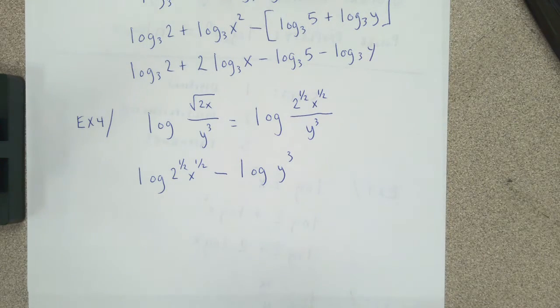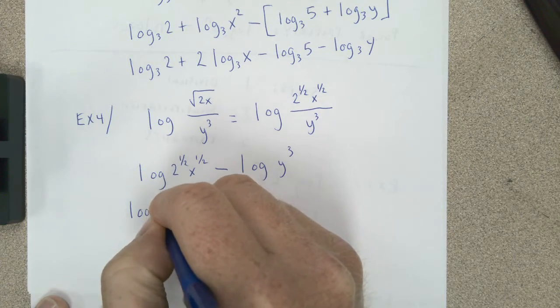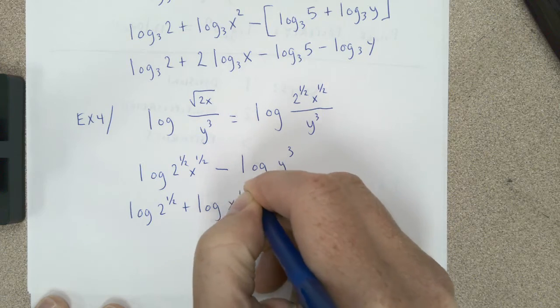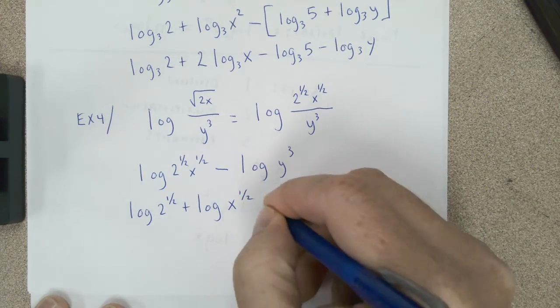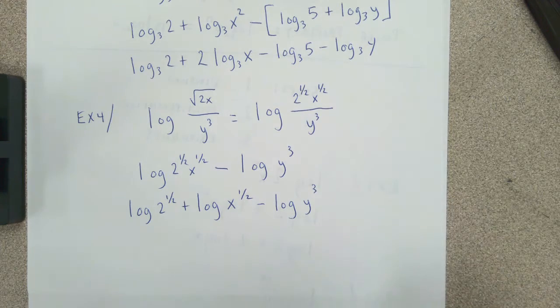I can then go ahead and do my product property, so log of 2 to the 1/2 plus log x to the 1/2 minus the log of y to the third.